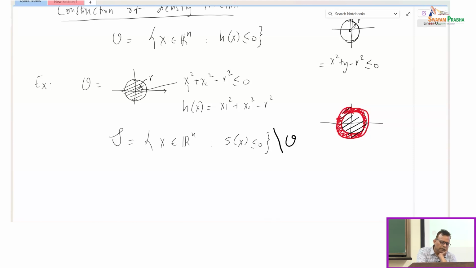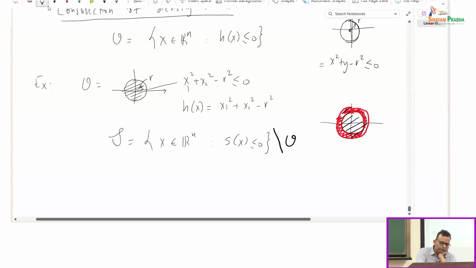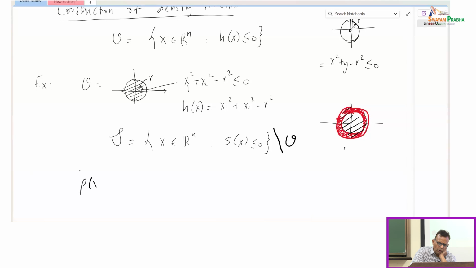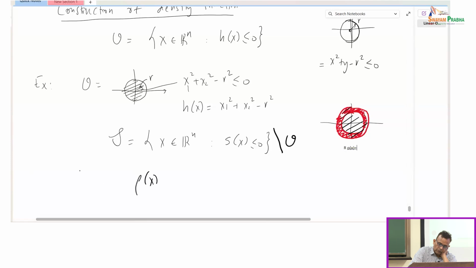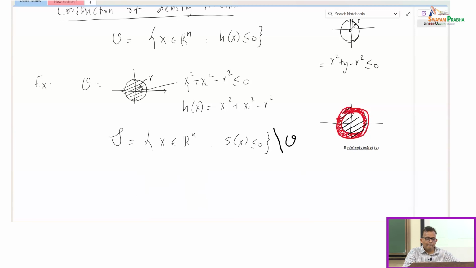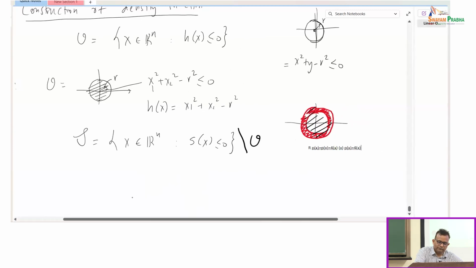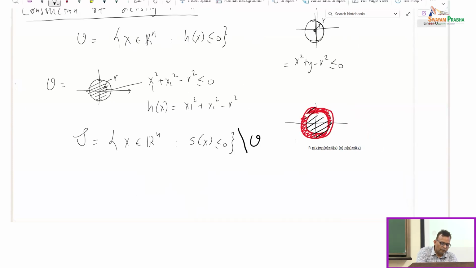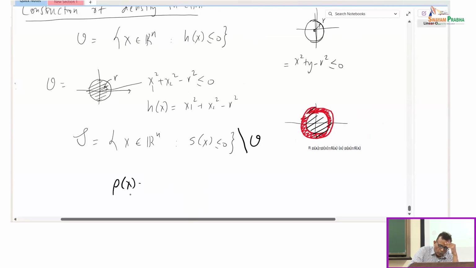Now you can actually construct your rho of x to be psi of x divided by v of x to the power alpha.